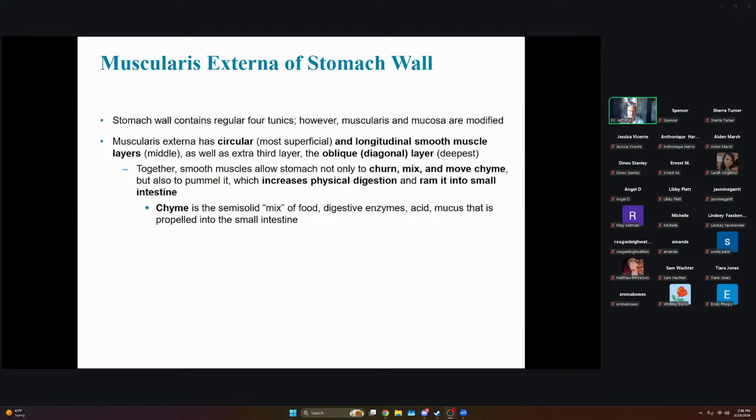That physical digestion of the stomach is very important. Okay? And along with that, like I mentioned previously, the stomach is where chemical digestion of proteins is also introduced, and we're going to talk about that next. So the first subtle change: a third layer of muscle in the muscularis externa, called the oblique layer, and it's all about additional physical digestion to turn that bolus into chyme.